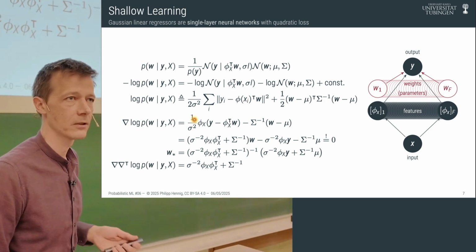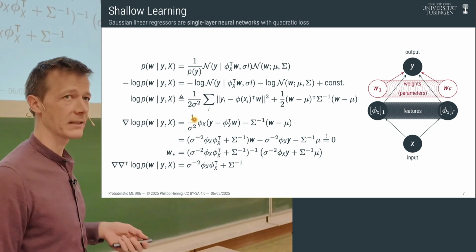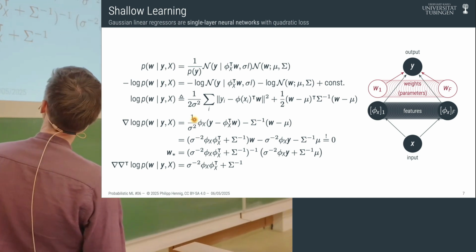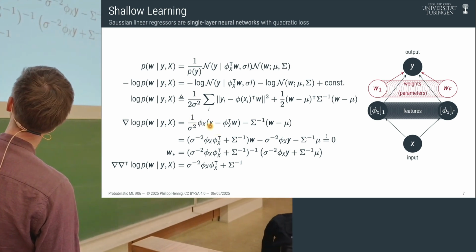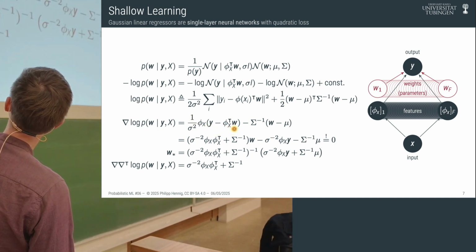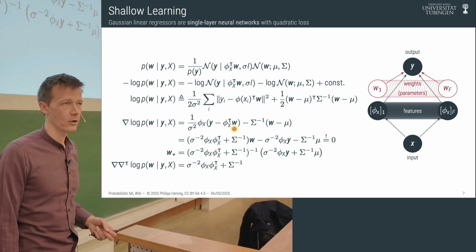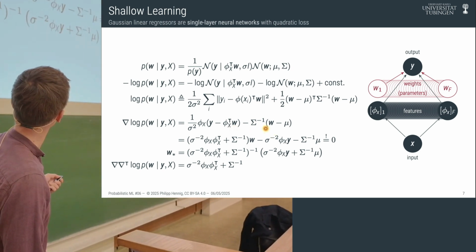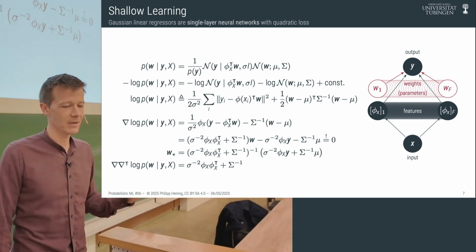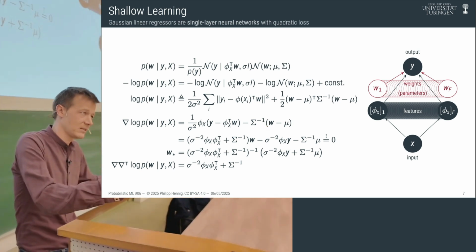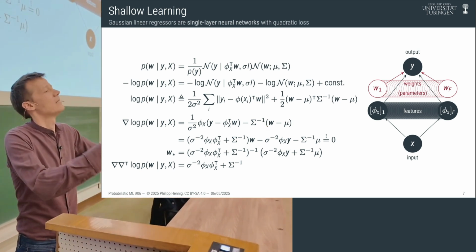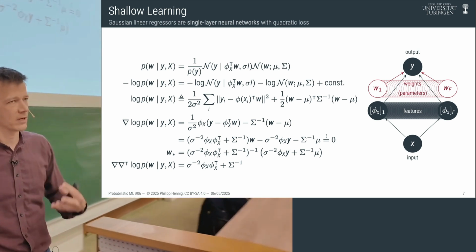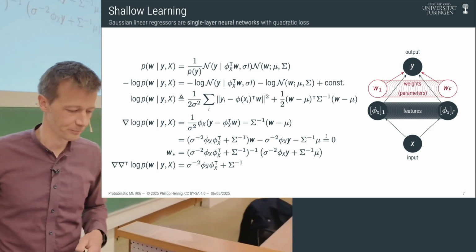It's just a quadratic loss, an L2 loss, if you like that notation from deep learning. And we're getting a gradient which interestingly depends linearly on the weights. And a gradient of the regularizer that also depends linearly on the weights. That's maybe not surprising, right? Because if you have a quadratic function, you take the gradient, you get something linear. The gradient of a square is just a linear thing.